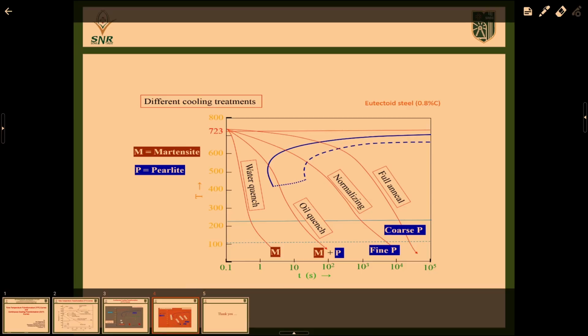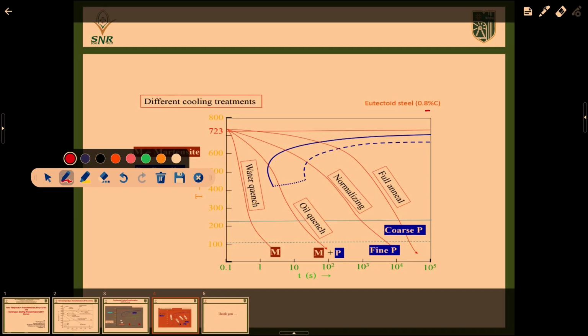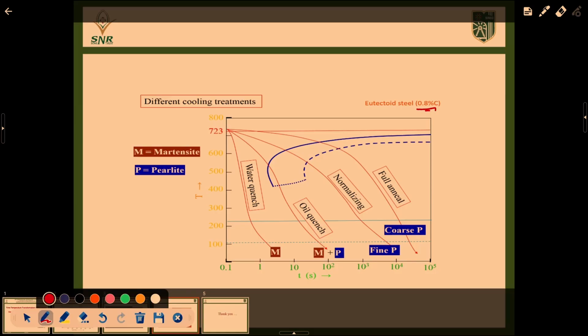Based on the carbon content, this will vary entirely. This is my martensite point, martensite plus pearlite, and fine and coarse.